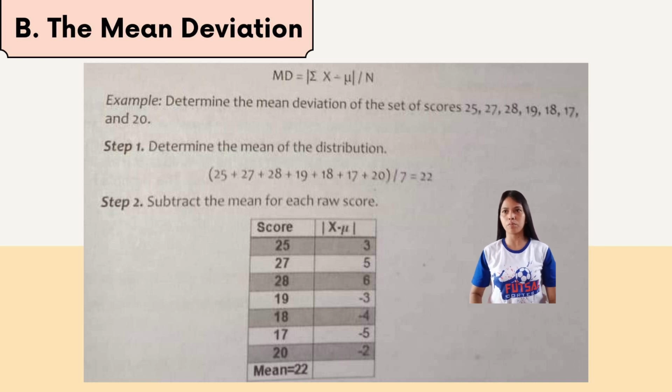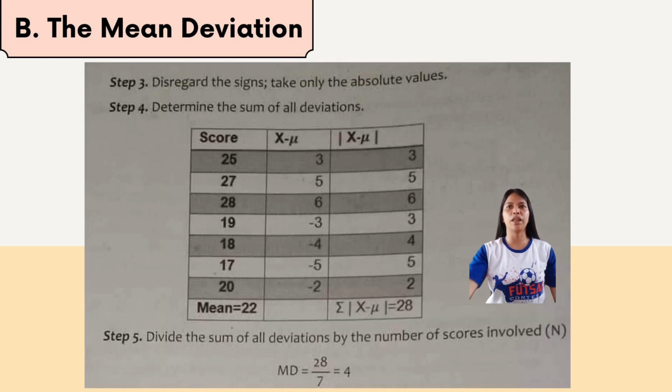So, the scores 25, 27, 28, 19, 18, 17, 20, we subtract the mean from each. Then, step 3, disregard the signs. Take only the absolute values. Step 4, determine the sum of all the deviations.